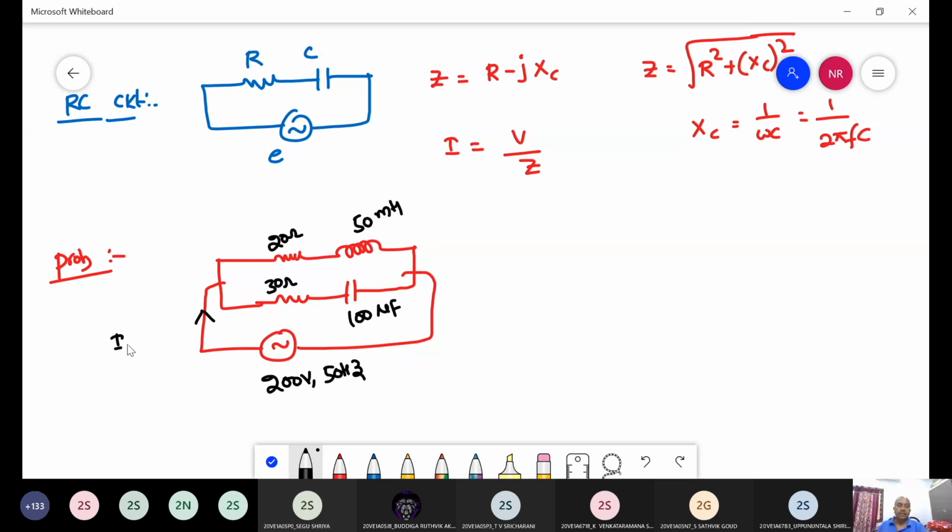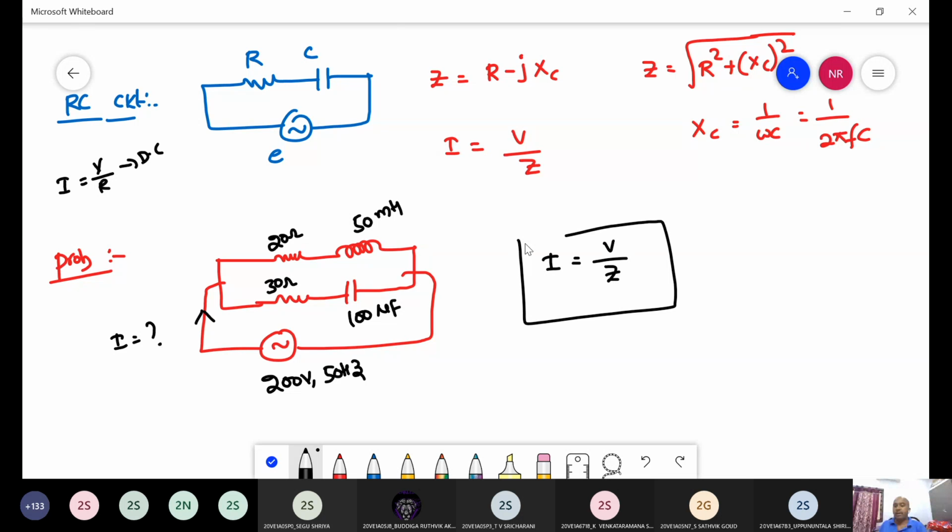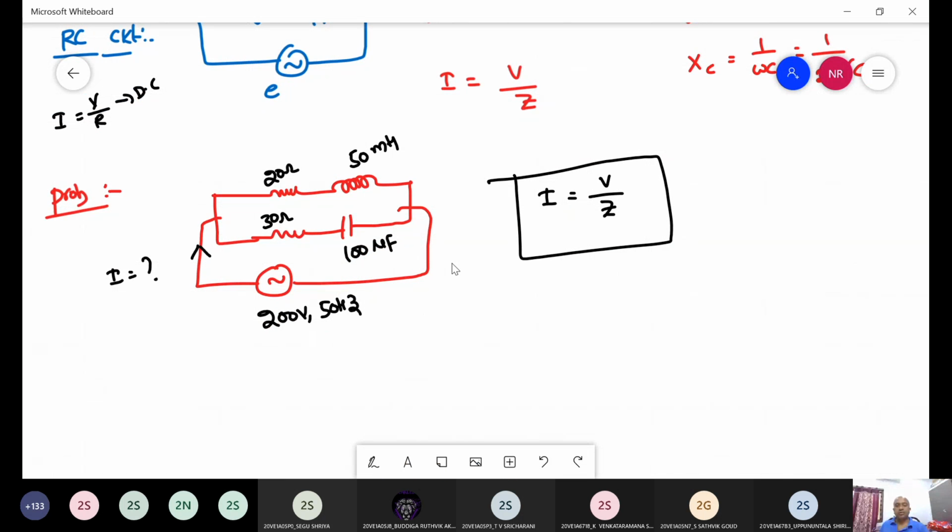We have to calculate the current I. What is the general standard formula? If it is DC, I is equal to V by R. If it is AC, I is equal to V by Z. So remember this point. Then we have to calculate the total Z here. Here the resistor of 20 ohms, assume it is R1, here it is R2, here it is L, here it is C. So R1 and L is one branch.